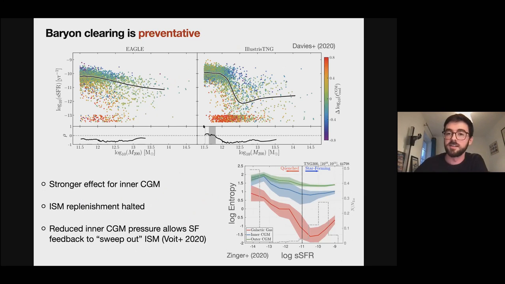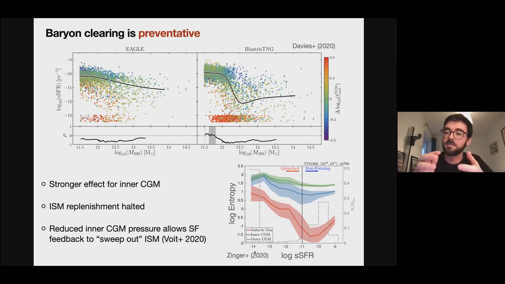And we can see this really nicely in simulations like Eagle and TNG. If we look at the specific star formation rate as a function of halo mass, we can see that all these quenched systems at the bottom here are those which have particularly long CGM cooling times, which is what the coloring represents here. And recent work from the TNG team, from Zinger et al., showed that this is a stronger effect at smaller radius, essentially.